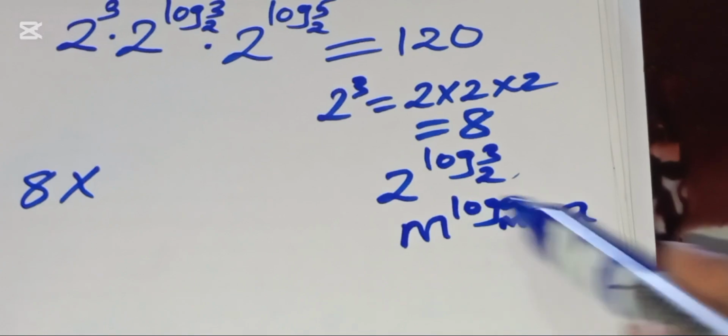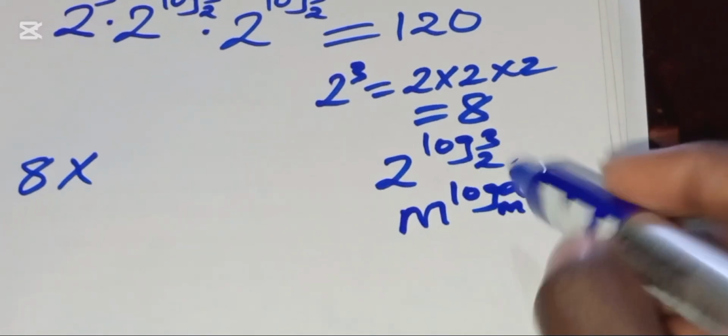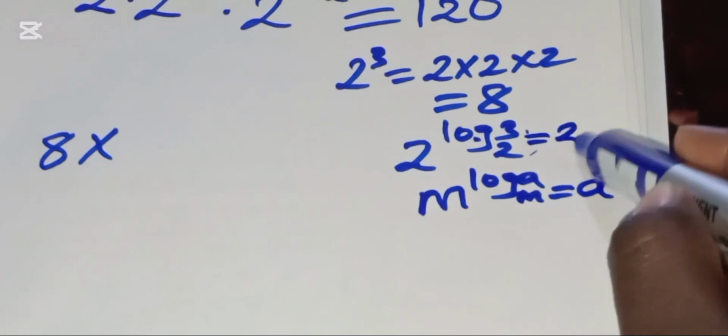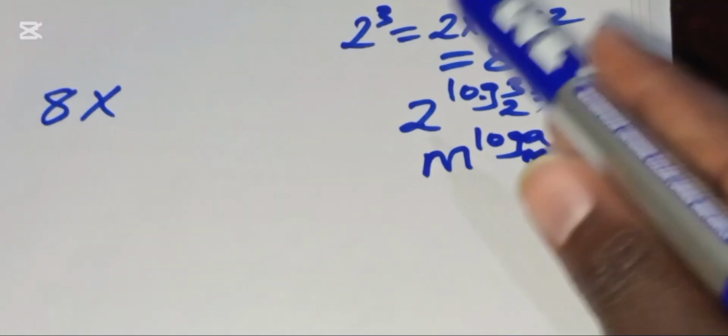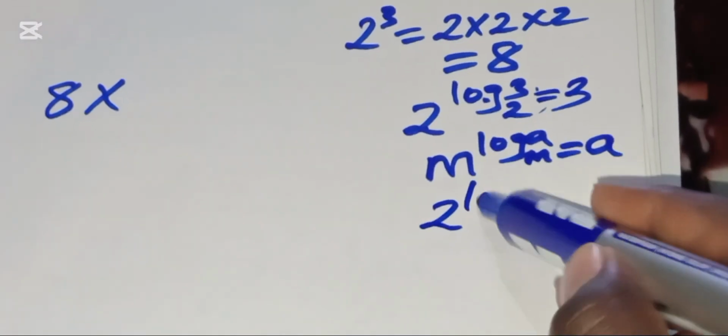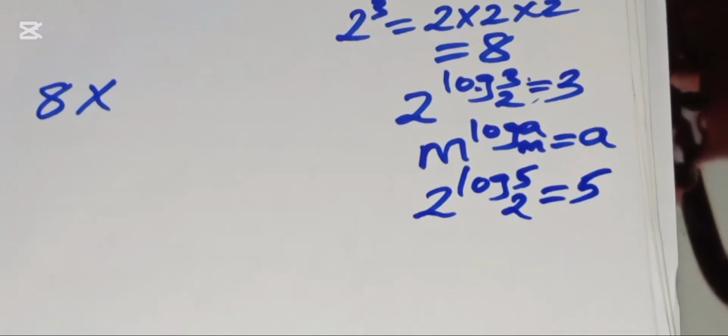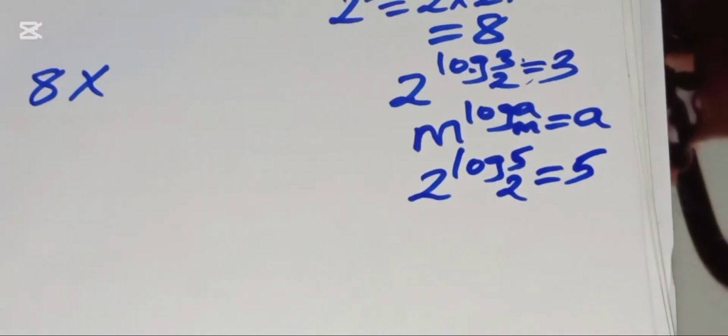So applying this logarithm property, 2 raised to power log 3 to base 2 will give us a value of 3. Okay. The same thing for 2 raised to power log 5 to base 2, this will give us a value of 5. Okay.